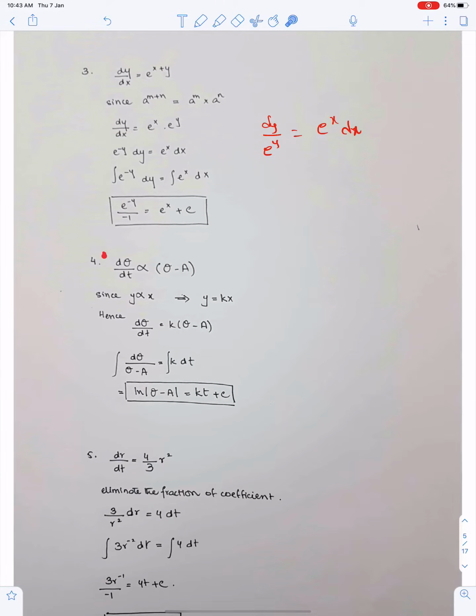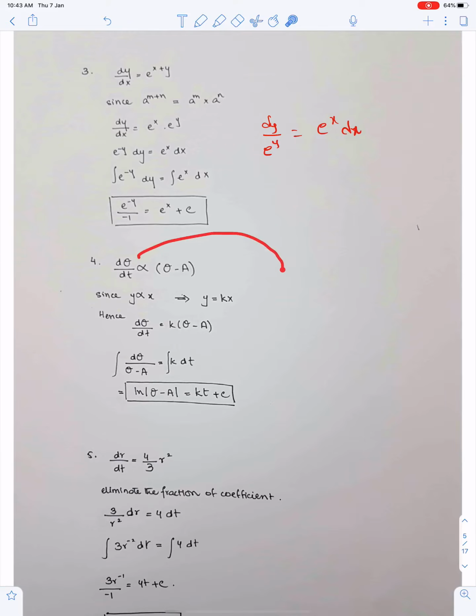Example 4. d theta upon dt is proportional to theta minus a. Since when y is proportional to x, we write y is equal to kx. Therefore, d theta upon dt can be written as equals k times theta minus a.